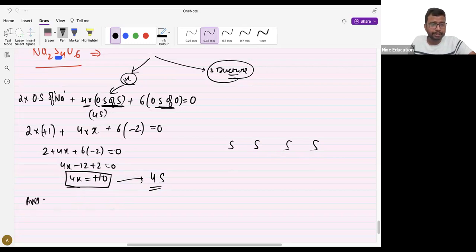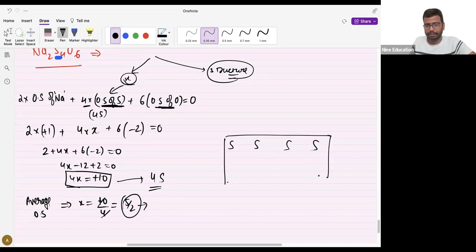But the average oxidation state, X is equal to 10 by 4, which is 5 by 2. This is the average, but I am asking about every sulfur. How will we find that?